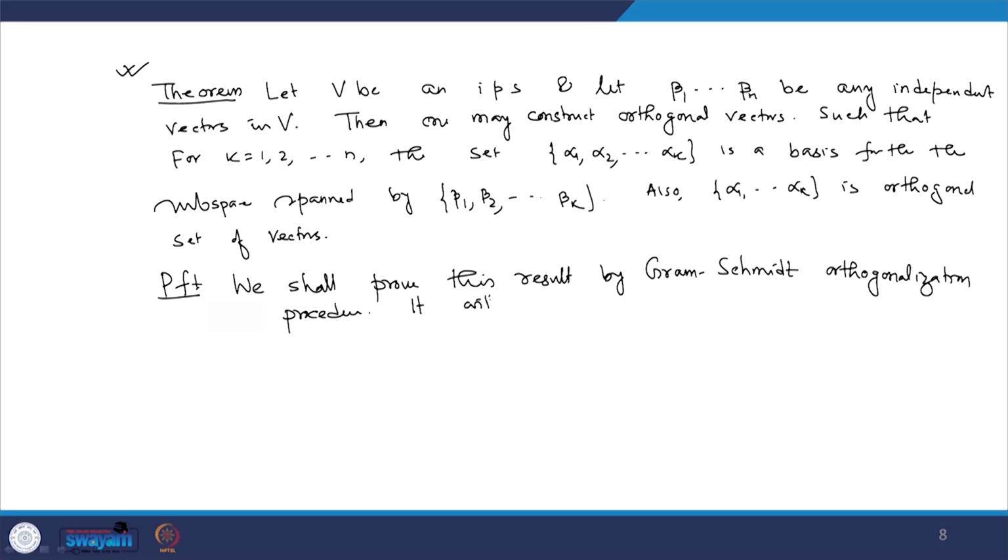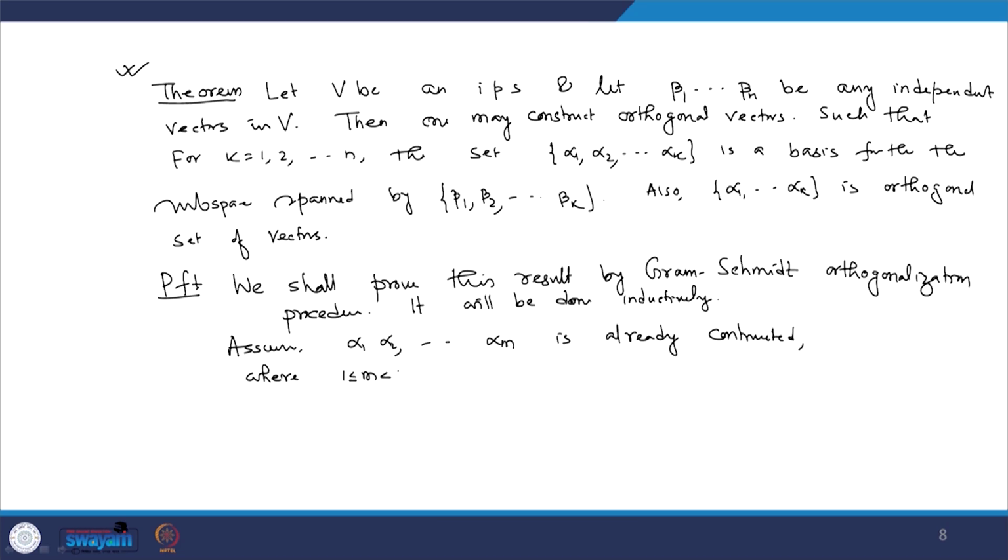It will be done inductively. Assume alpha 1, alpha 2, up to alpha m is already constructed by the above procedure, where m is 1 less than or equal to m less than n.